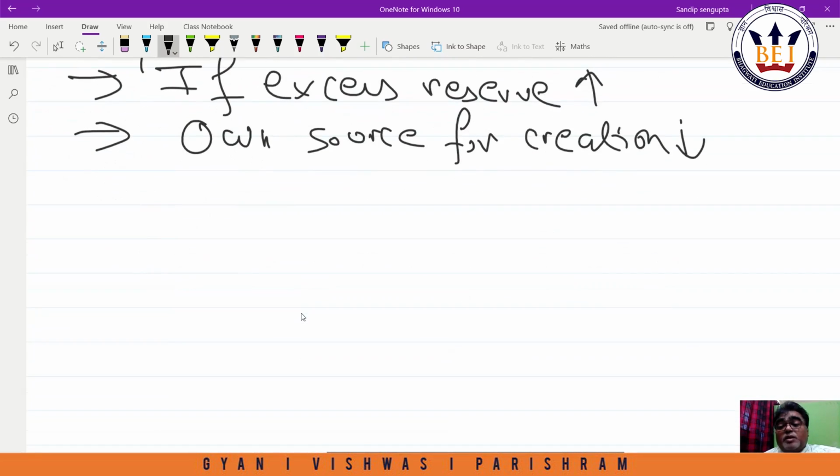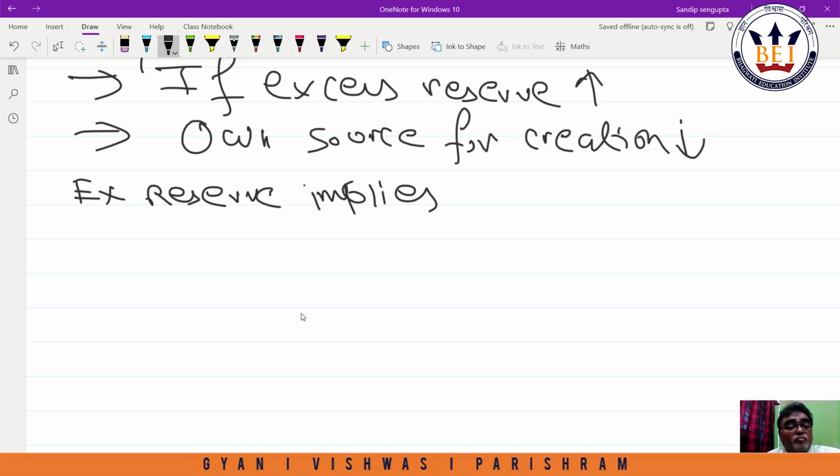So what is my answer then? Excess reserve implies lesser money supply, lesser effect. I am telling you it is more conceptual.